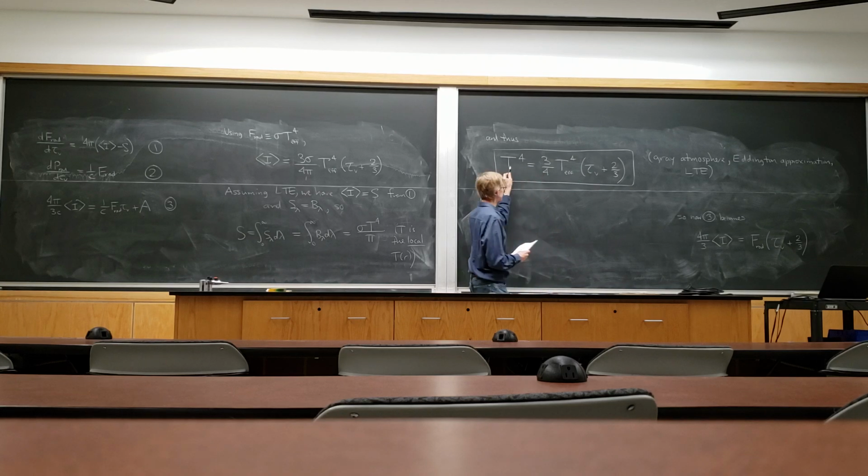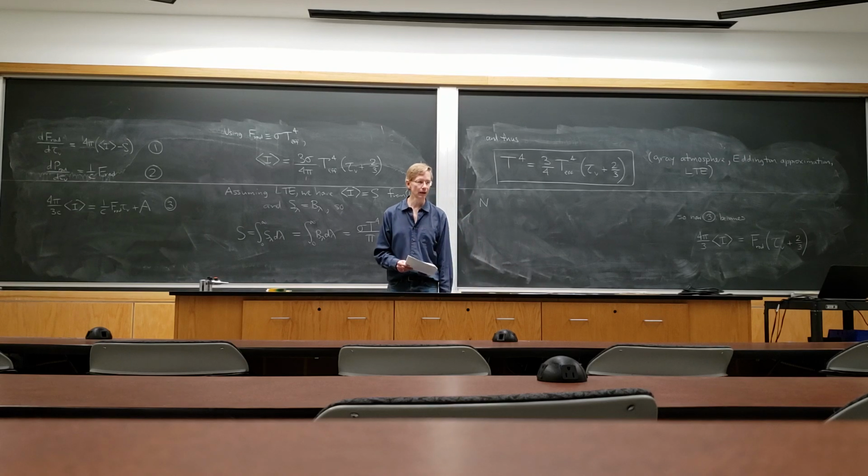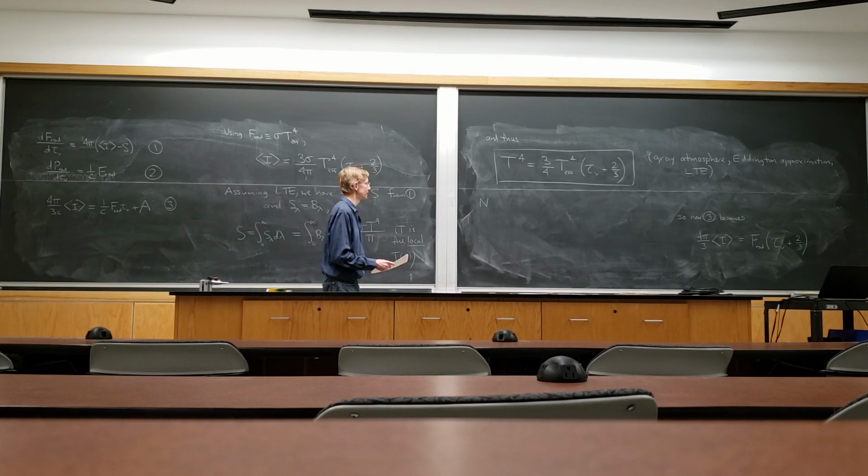And again, this T is a function of radius, or alternatively optical depth. This is how the temperature changes with optical depth as you go below the surface. The vertical optical depth as you go below the surface.